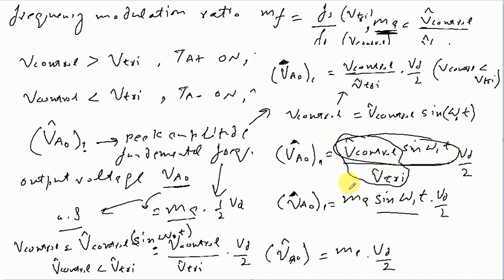Since we have a sinusoidal function, we'll have an output signal of sinusoidal shape, and its frequency will depend on the frequency of this control signal. In all these cases keep in mind that MA is less than 1, or we can say that the peak amplitude of the control signal is less than the peak value of the triangular signal.